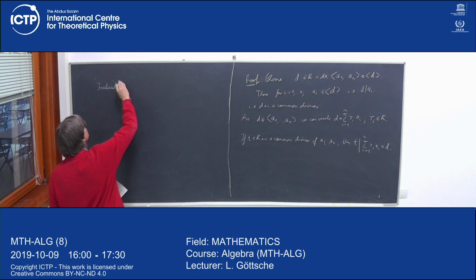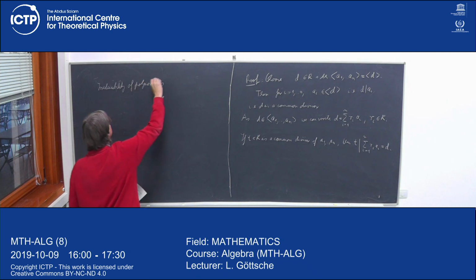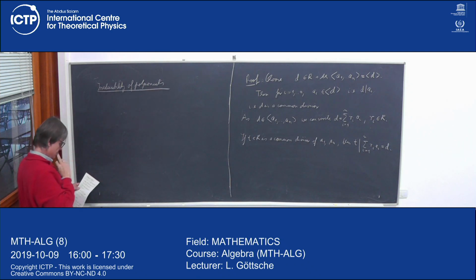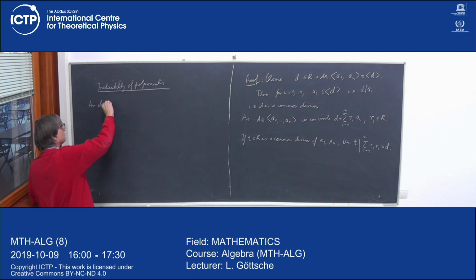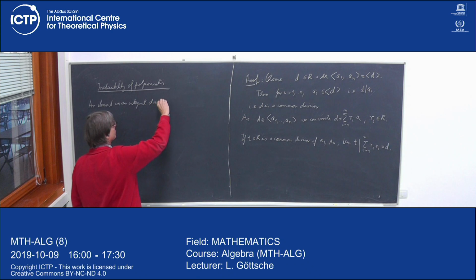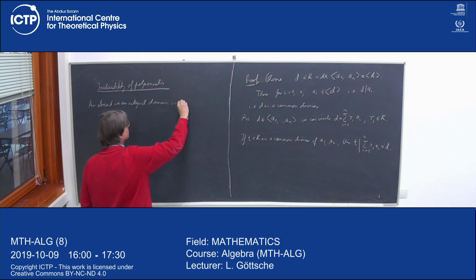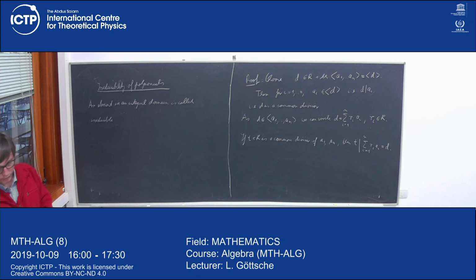Irreducibility of polynomials. As I said, an element in an integral domain will be called irreducible if it cannot be written in a non-trivial way as a product of two other elements.